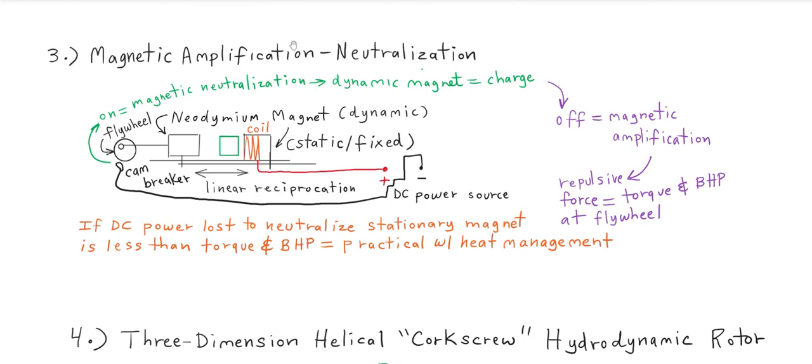Magnetic amplification-neutralization, and we are essentially trading mechanical power for electrical charge, at the expense of magnetic field, by a supplemental DC power neutralization of a magnetic field, and then a return field when the field collapses on the cam breaker shutting off. So all in all, we are probably recovering a substantial amount of the power lost to keep the system running. So at the very least, this becomes a high efficiency electrical power plant or mechanical to electrical power plant. We could just say it's a mechanical power plant with a flywheel.